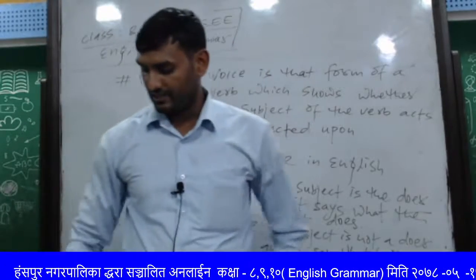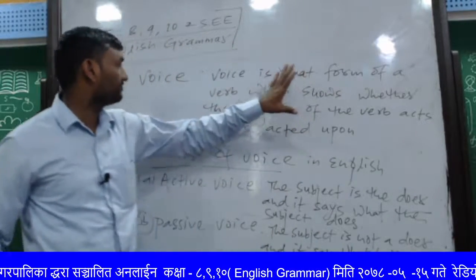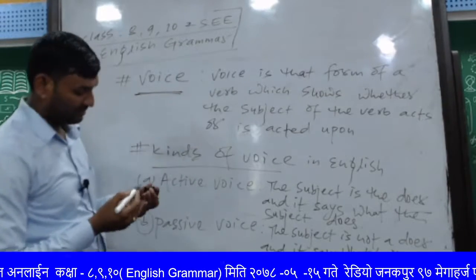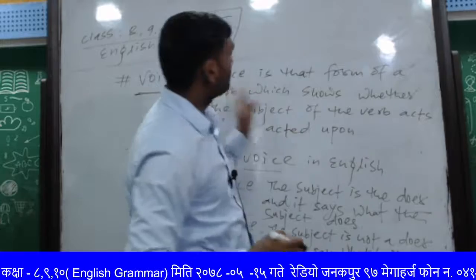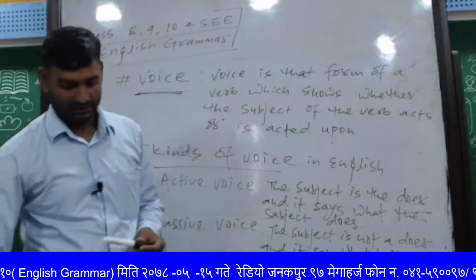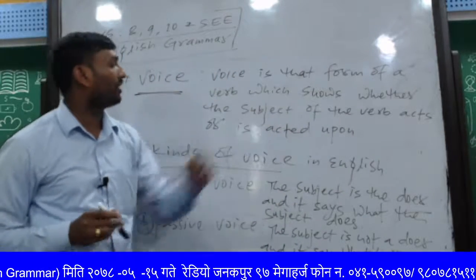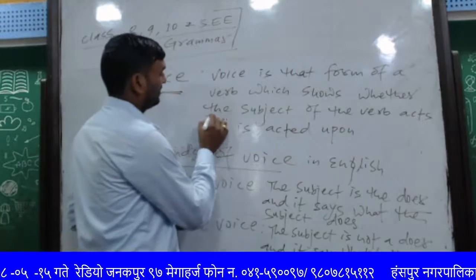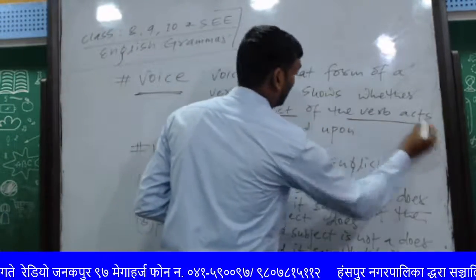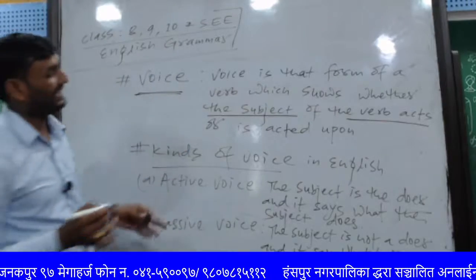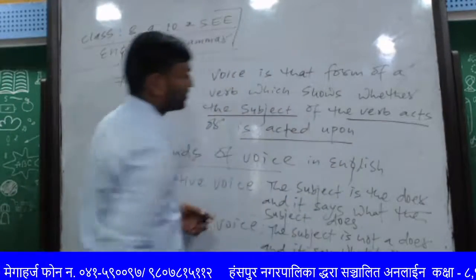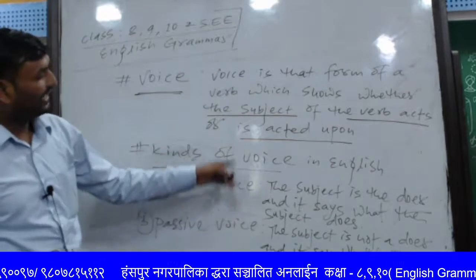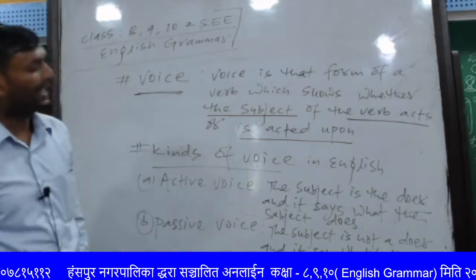Listen, students, first of all we are on one of the grammatical topics, voice. Voice is the form of a verb which shows whether the subject of the verb acts or is acted upon. So the verb acts means active voice, and is acted upon means passive voice.